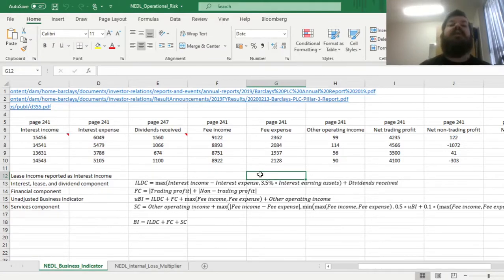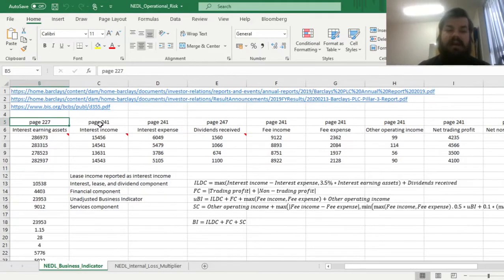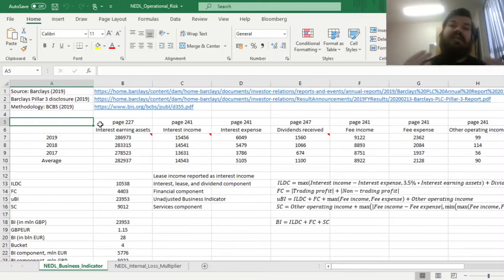That makes sure that the business indicator does account for the interest component of operational risk, even if the bank has very low interest margins or even loses money on its interest activities. So here we take whichever is larger, the net interest income or 3.5% times the interest earning asset stock, and this figure is a little bit harder to retrieve, and you can spot it at various places in your bank's disclosure.